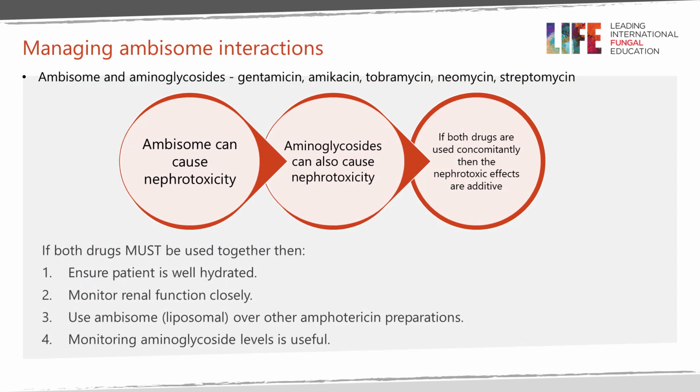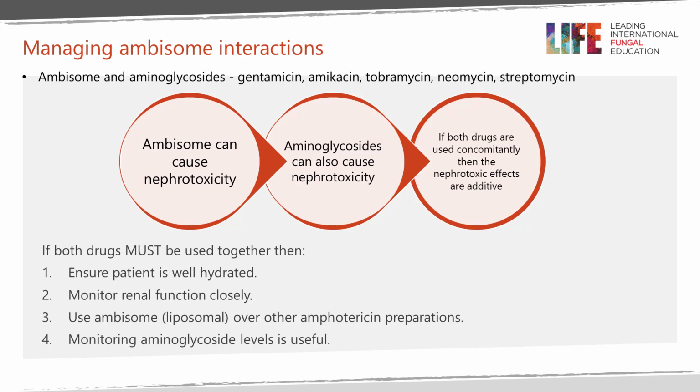When patients are on ambisome and require drugs such as your aminoglycosides, gentamicin, amikacin, tobramycin, now, I spoke about the additive effect of renal side effects being quite profound in some patients.